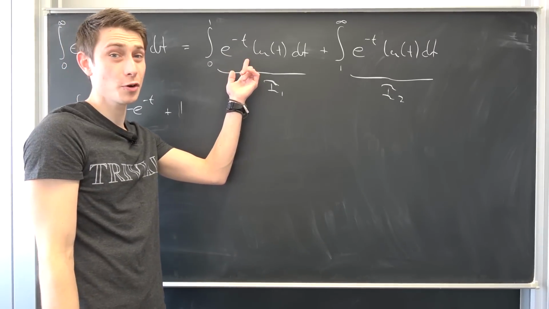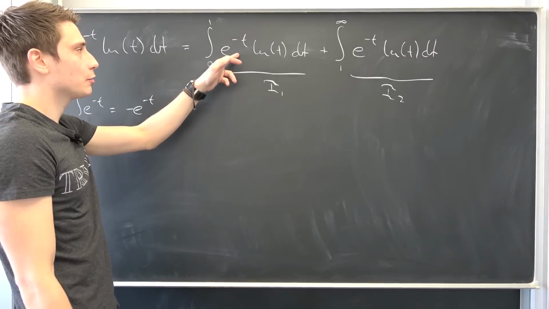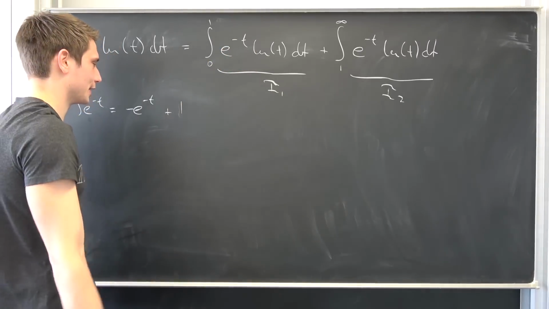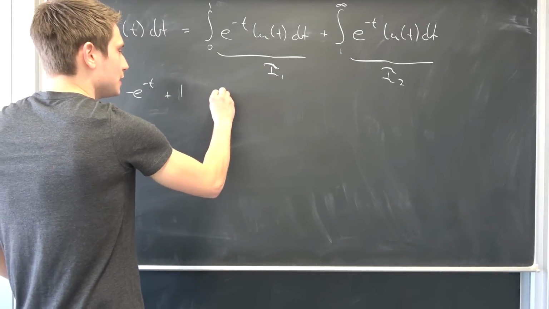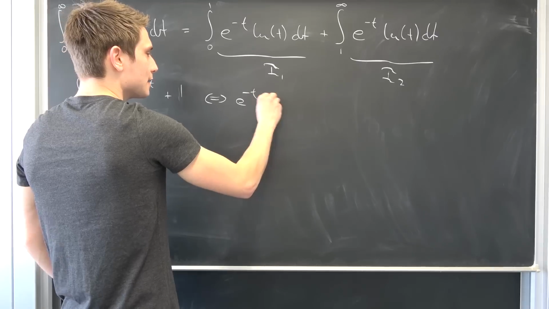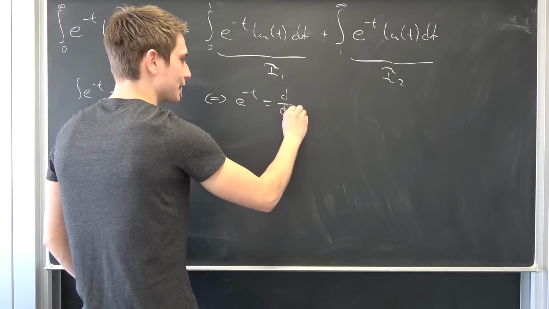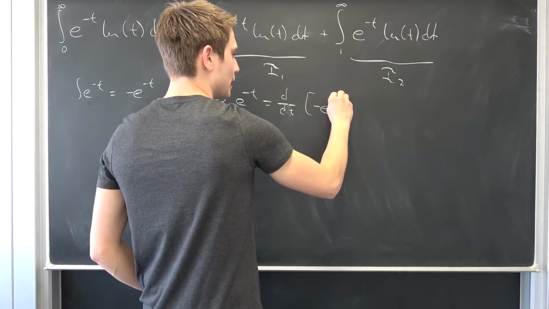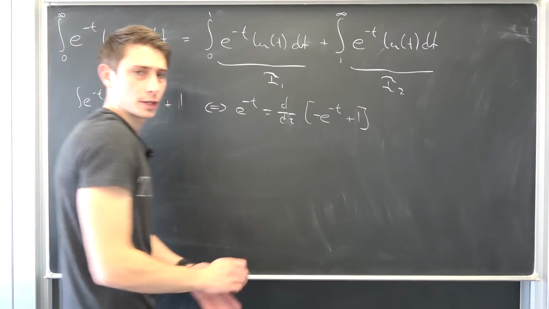I tried it out at first because I couldn't really get anywhere with any standard methods, but Taylor series gets really messy in the end, so don't try it out. We're going to deal with this. Okay, so e to the negative t is thus nothing but the derivative with respect to t, in this case, not x, of negative e to the negative t plus 1. Okay, this is something we can do.